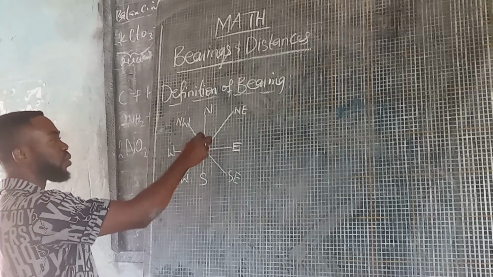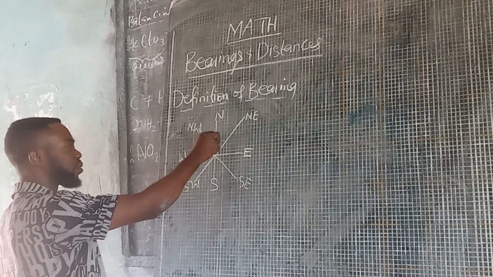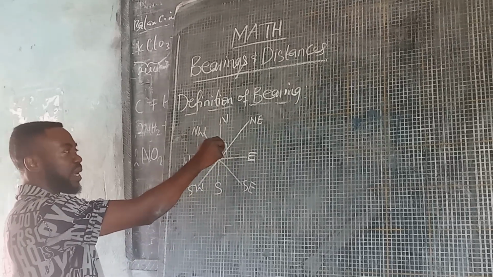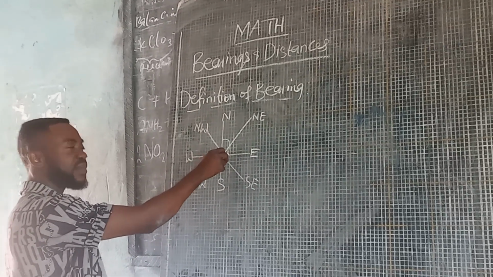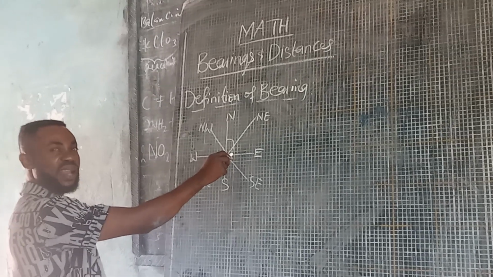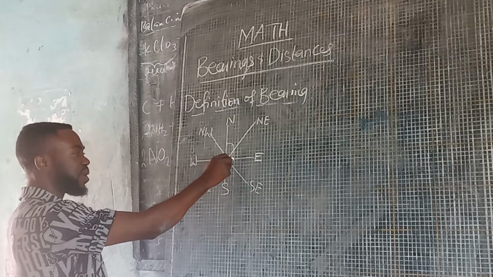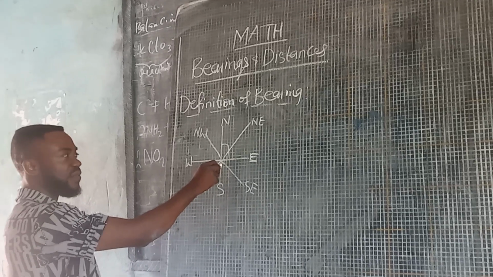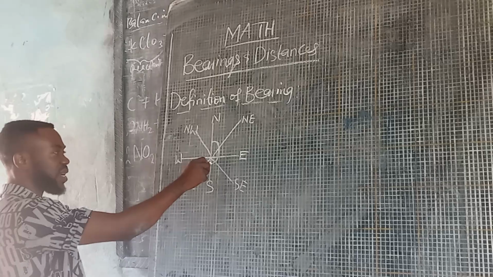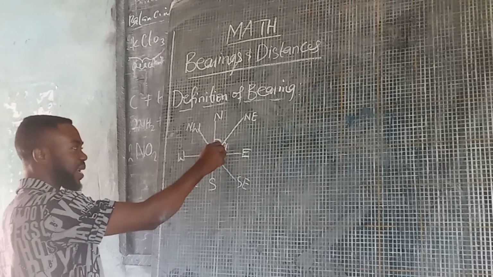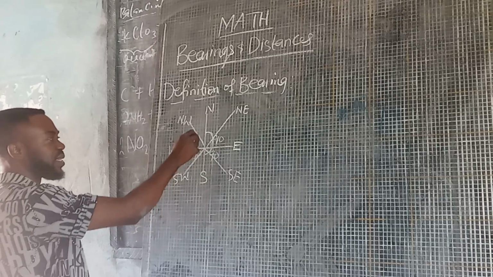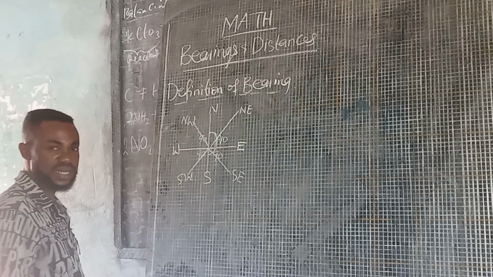Now, any rotation from north to east is an angle of 90 degrees. From east to south gives another 90, which implies that the total from north to south is 180 degrees. 90, 90, 90, making it 270, and another 90, making it 360.